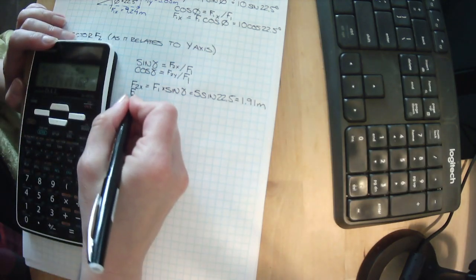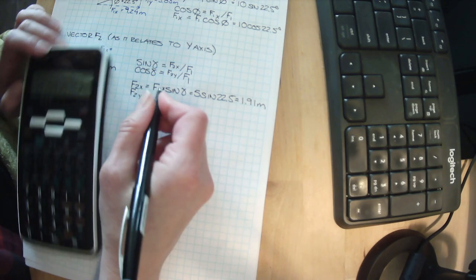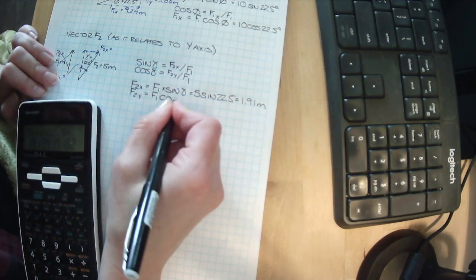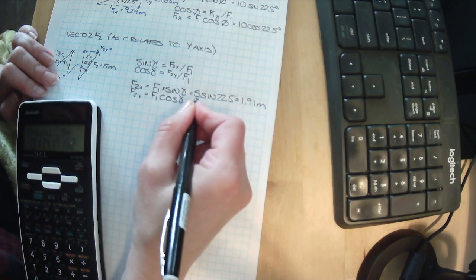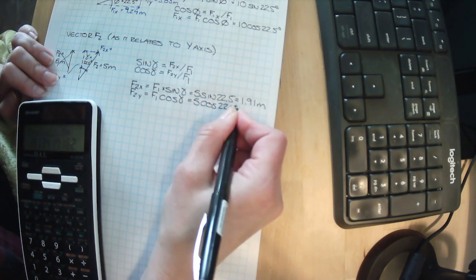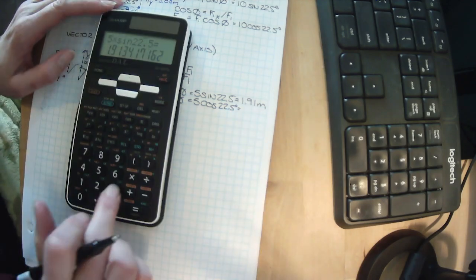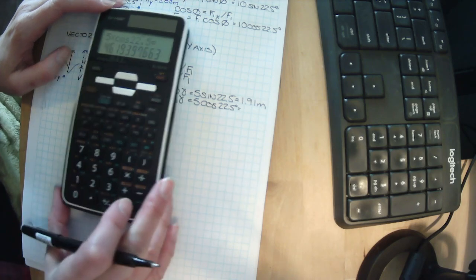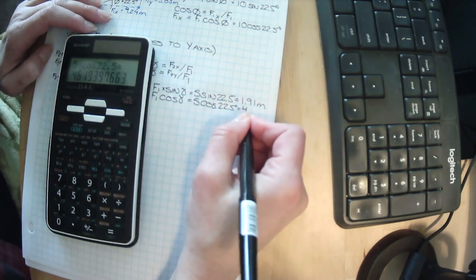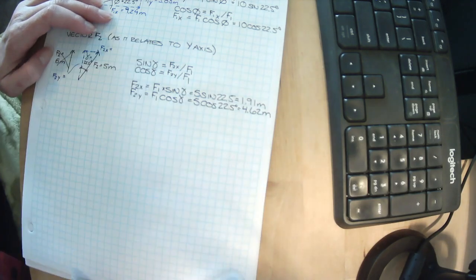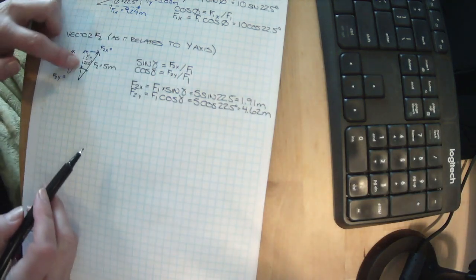And F2y equals, let's rearrange this, F2 times the cos of our angle, or 5 cos 22.5 degrees. 5 times the cos of 22.5 degrees is 4.62 meters.